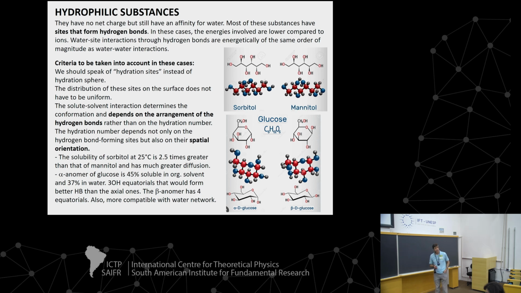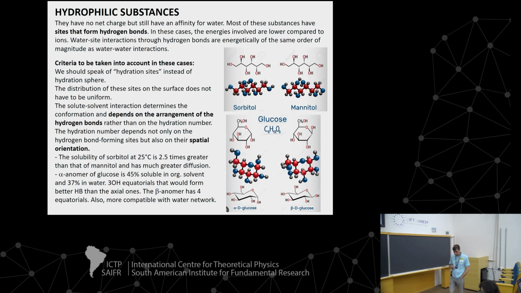In the case of hydrophilic substances, which are not ionic, we are not speaking of charges, but of molecules which are polar. In that sense, these molecules can form hydrogen bonds with water molecules.